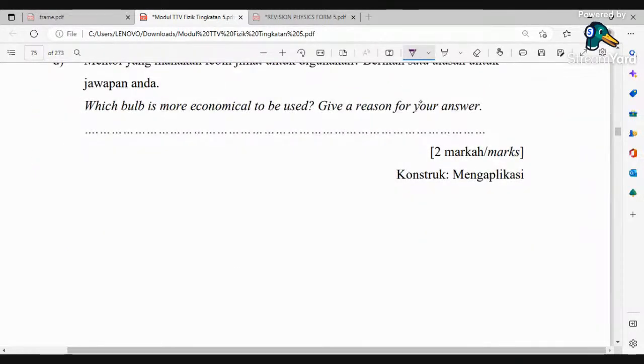Okay, you can see bulb. Okay, kita akan ambil yang first punya energy saver bulb.